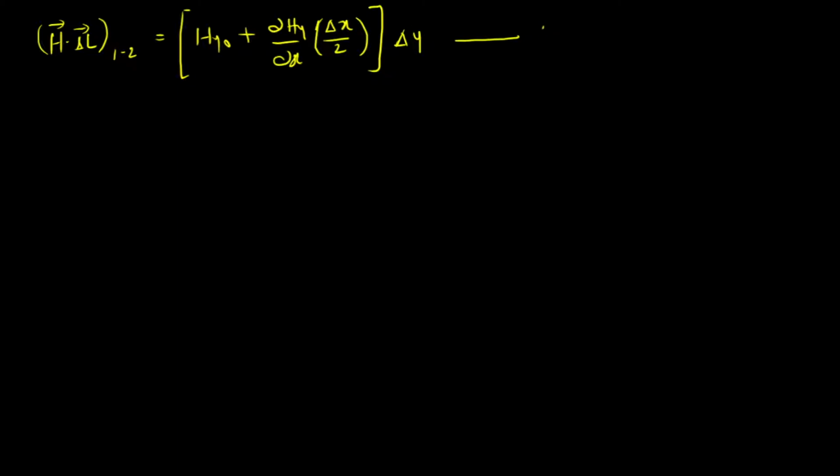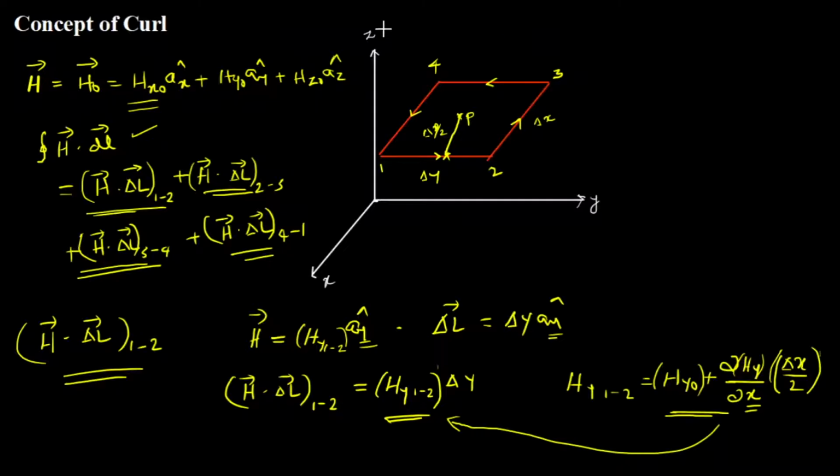Please mark it with an equation number for later reference. Now I have evaluated H dot delta L along the path 1 to 2. Similarly, we have to calculate H dot delta L in 2 to 3, 3 to 4 and 4 to 1.